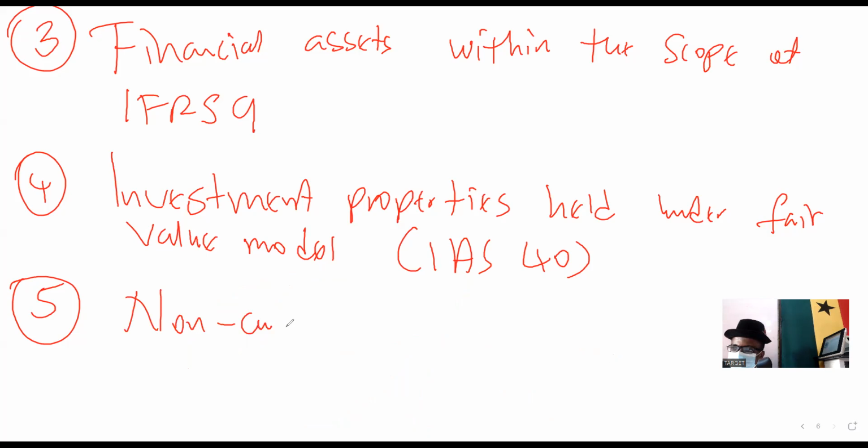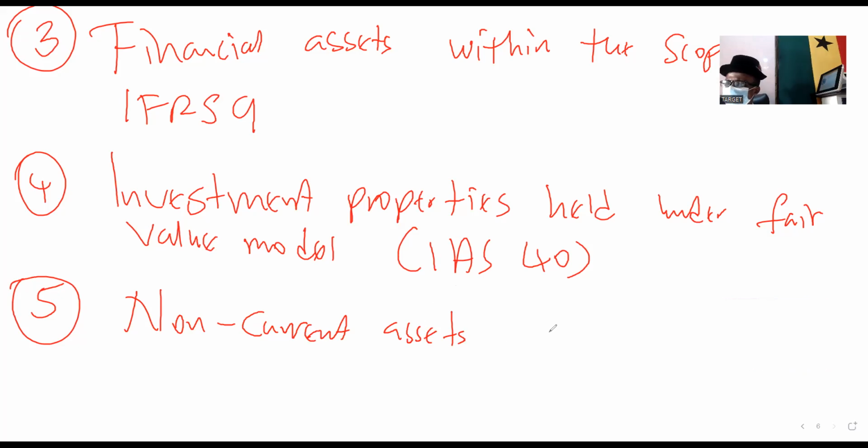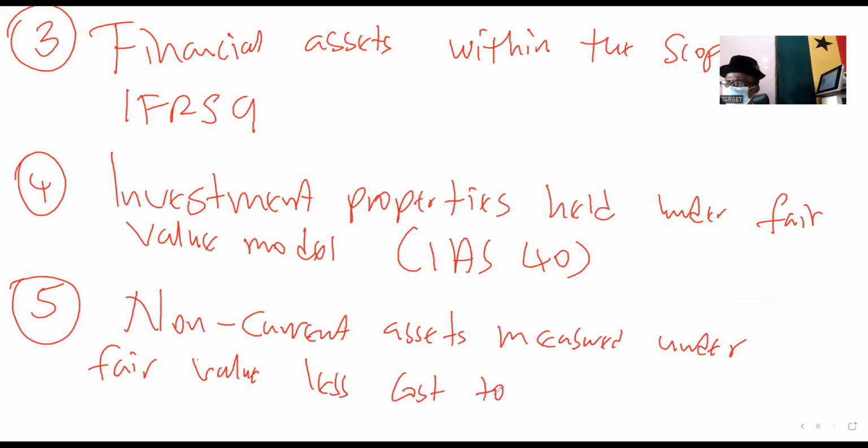So non-current assets measured under fair value less cost to sell in accordance with IAS 41.